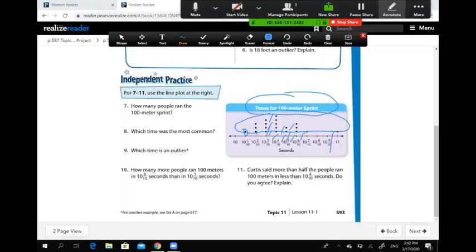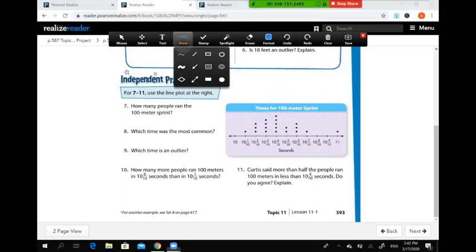So about 20 people ran the 100-meter sprint. Which time was the most common? The most common is the one that has the most number of people, which is 10 4 over 10.